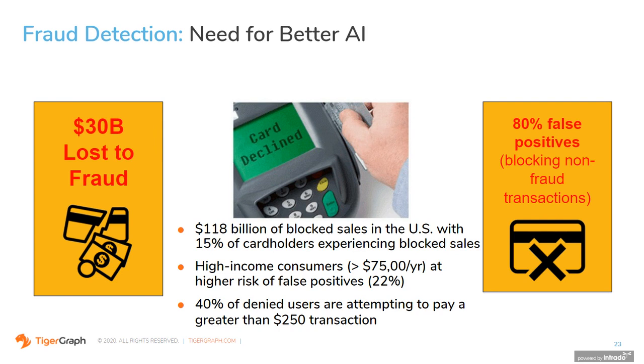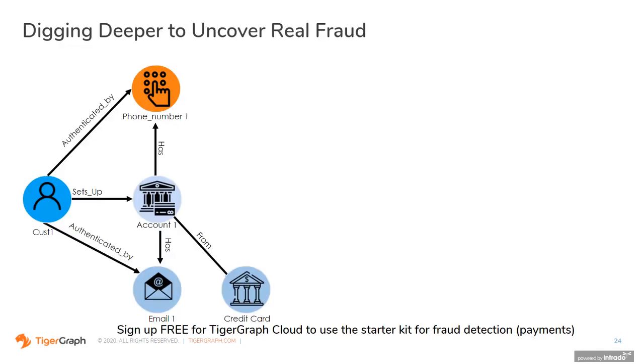And 40% of those blocked transactions were for a value of $250 or more. You can understand the logic there: businesses are more concerned about the bigger ticket purchases. They don't want to make a mistake there, so they're being more conservative and blocking more transactions. But unfortunately, they're blocking a lot of legitimate transactions and losing business.